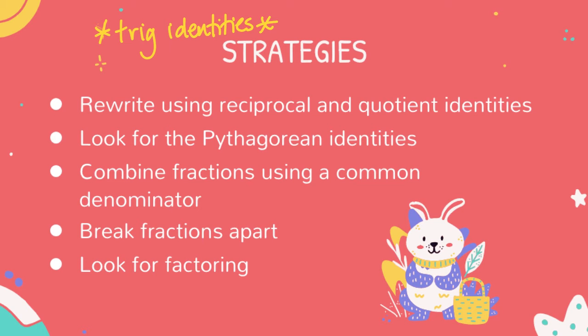The main trig identities that you will be using are the reciprocal, quotient, and Pythagorean identities. Keep in mind that the Pythagorean identities always have an exponent of 2 somewhere in there that you can simplify.